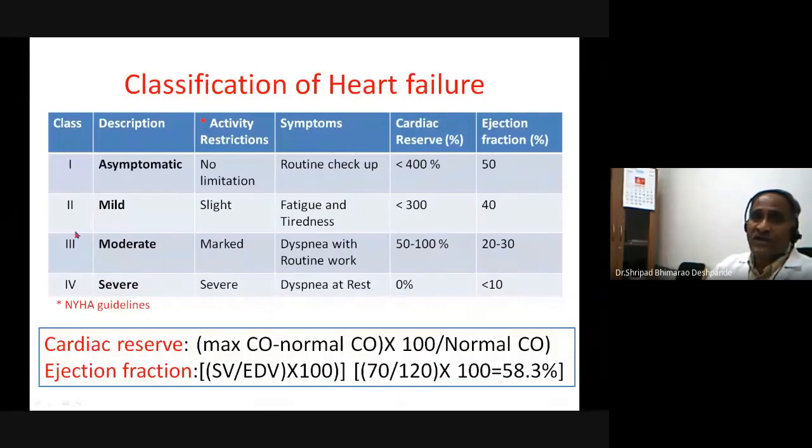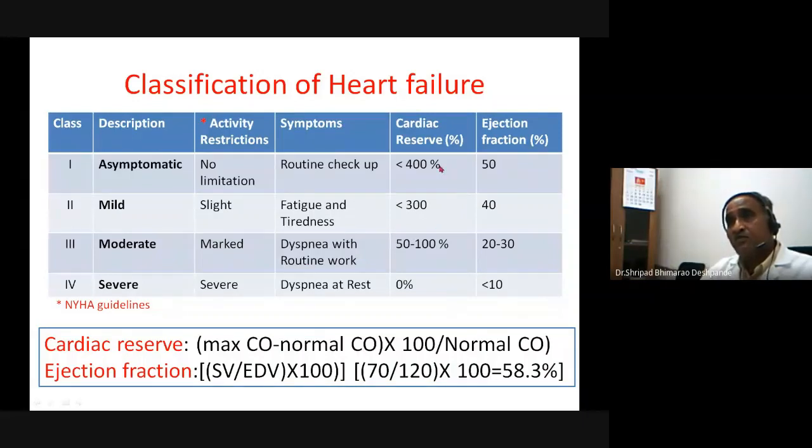Now moderate heart failure, that is class 3. There is a marked restriction on the activity. These persons have dyspnea even with routine work. That means getting up or doing something, he will have dyspnea. The cardiac reserve drastically suffers.